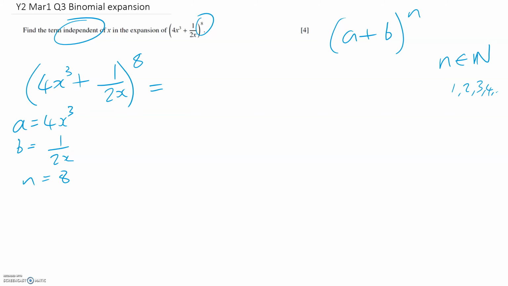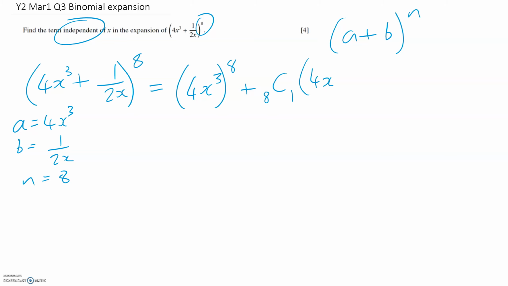So using the formula in the formula book, we will get the first term will be 4x cubed all to the power of 8. The second term will be 8 choose 1, 4x cubed to the power of 7 times by 1 over 2x.